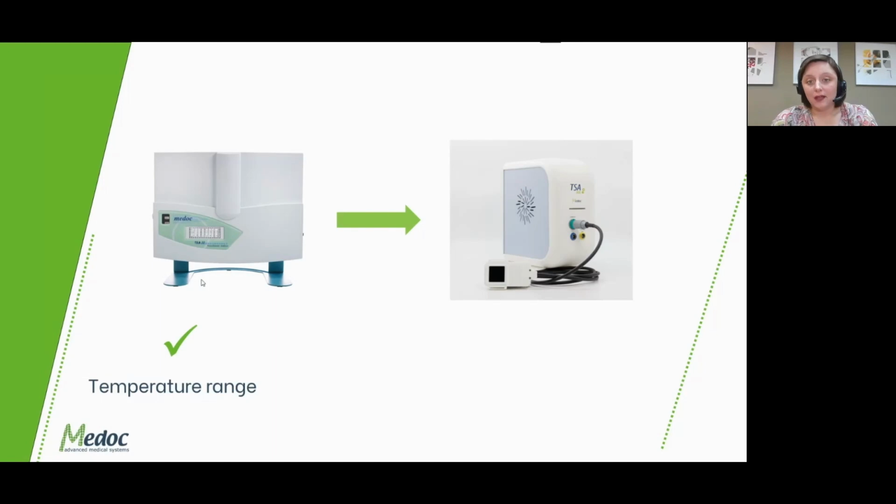Since it has the same temperature range, it has the same rate, and even for heating, it's even faster than the old TSA had, and it can work with the standard 30 by 30 thermode. If this is what you need, TSA2 Air can be a very nice option for replacing your TSA of older generation.